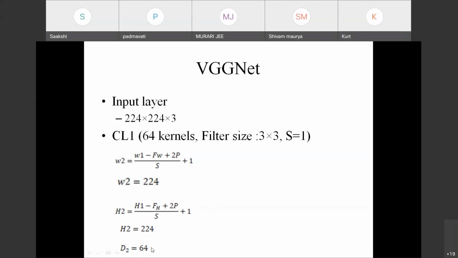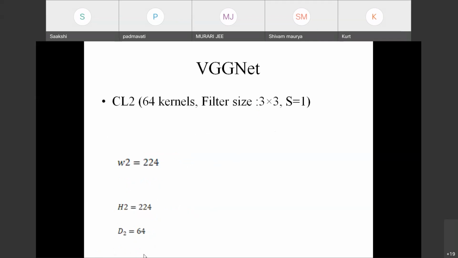So here I need to see the depth is 64. Hence, I will be using a filter of 3 cross 3 cross 64 and applying convolution over the output volume that I obtained from the previous convolutional operation.